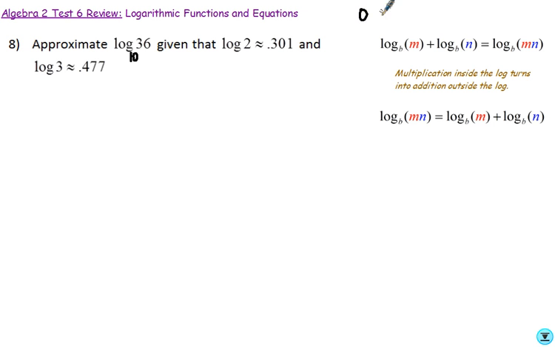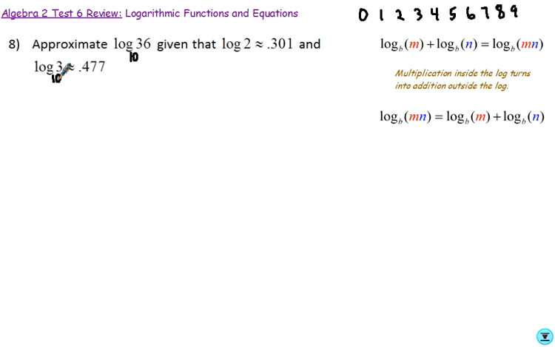Like 0, 1, 2, 3, 4, 5, 6, 7, 8, 9. Those are the 10 characters. Any other number you want to throw out there is a combination of those 10 symbols. Other cultures, by the way, have had different number systems with more characters, but what we have here is base 10.